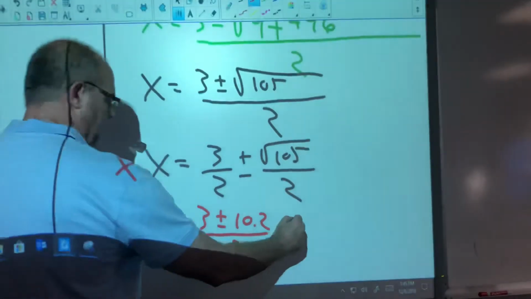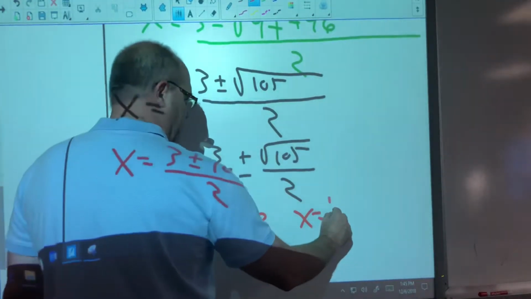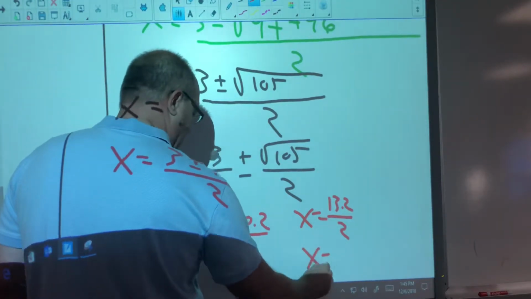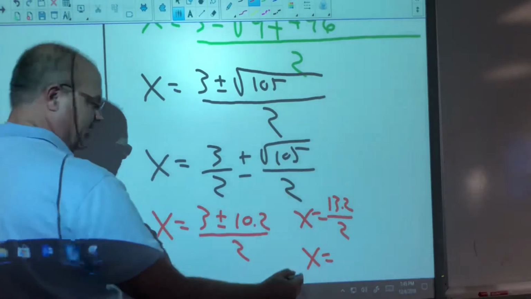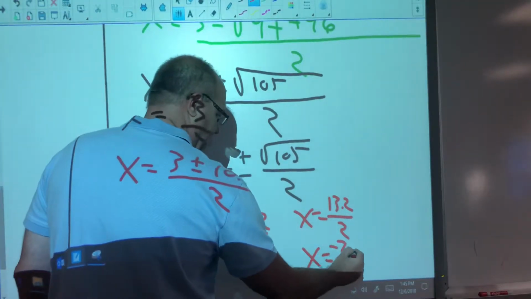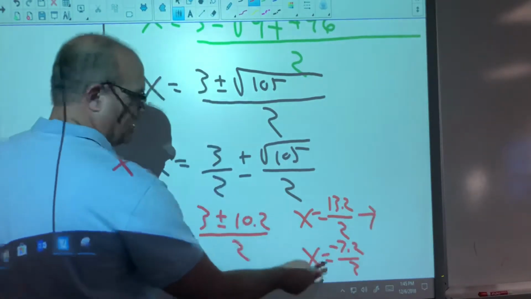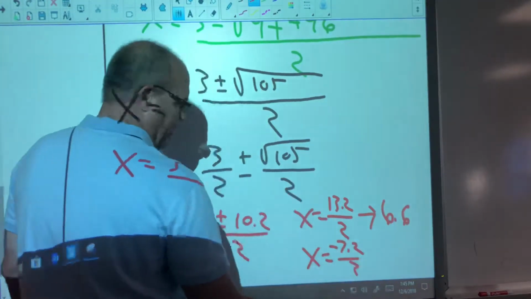Then x equals 3 plus 10.2, which is 13.2, divided by 2. And x would also equal 3 minus 10.2, which is negative 7.2, over 2.